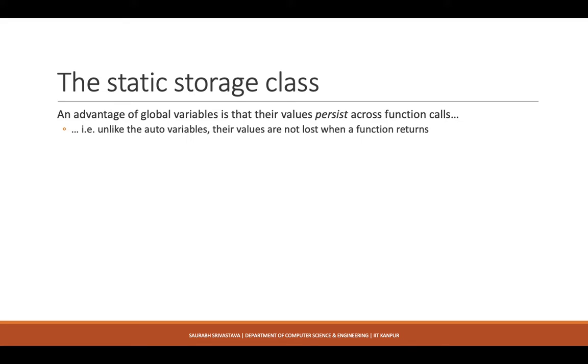So now there's one more storage class that you need to know about. It's known as the static storage class. An advantage of these global variables is that their values persist across function calls, right?